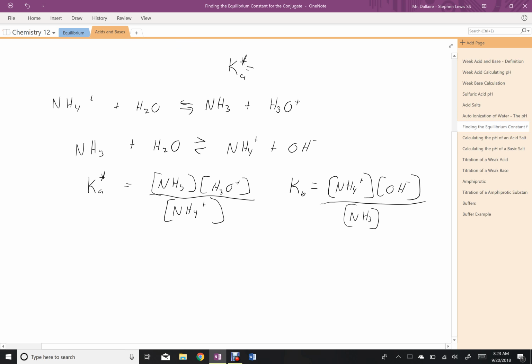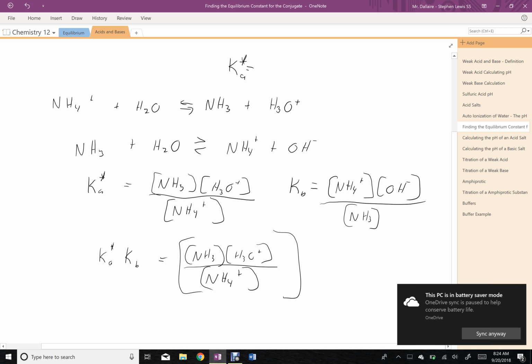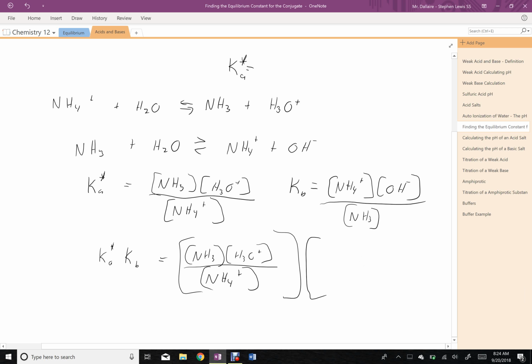Now let's look at what happens if we multiply those two things together. Ka star times Kb, I'm going to get NH3 times H3O plus over NH4 plus, and I'm going to get NH4 plus times OH minus and NH3 on the bottom.